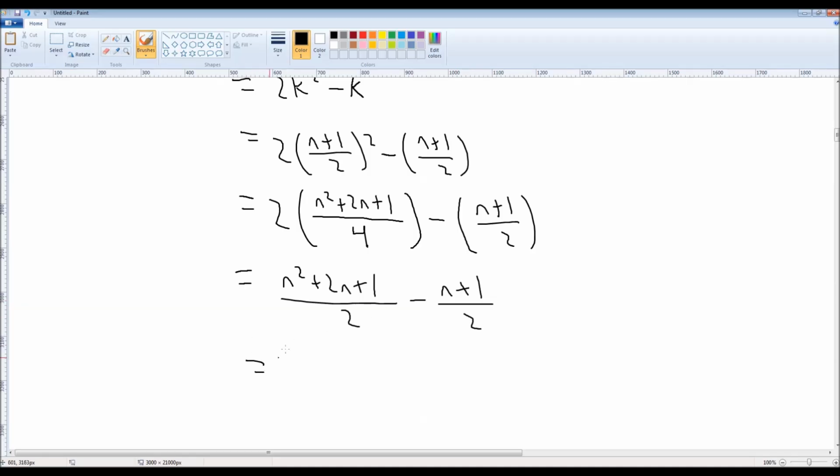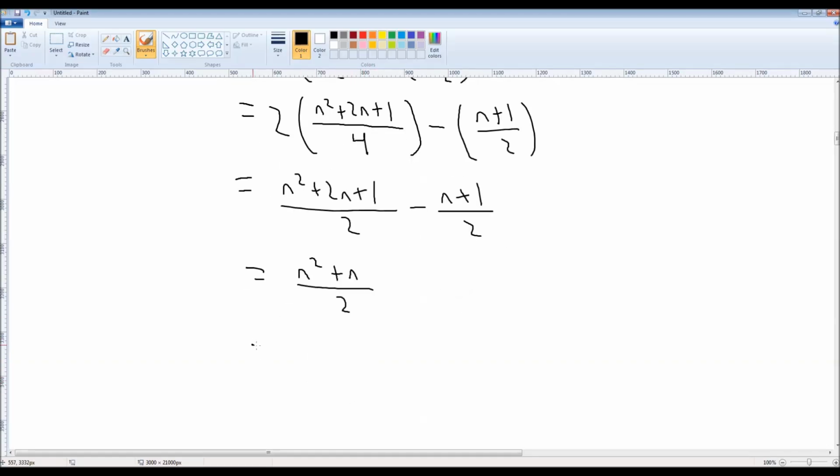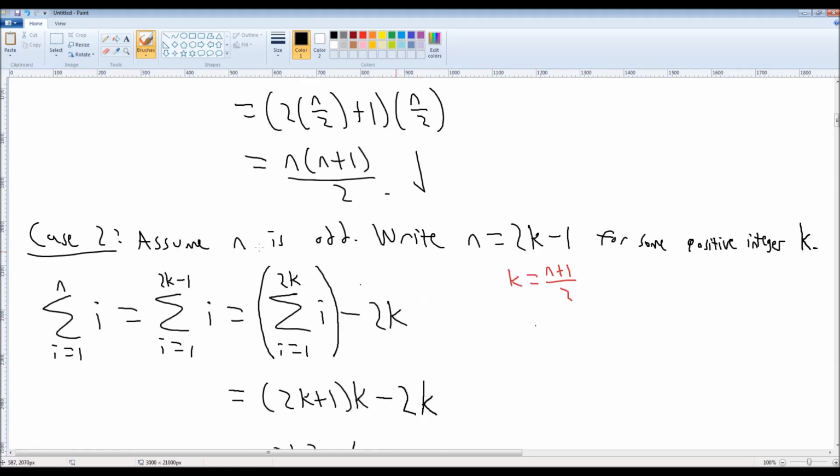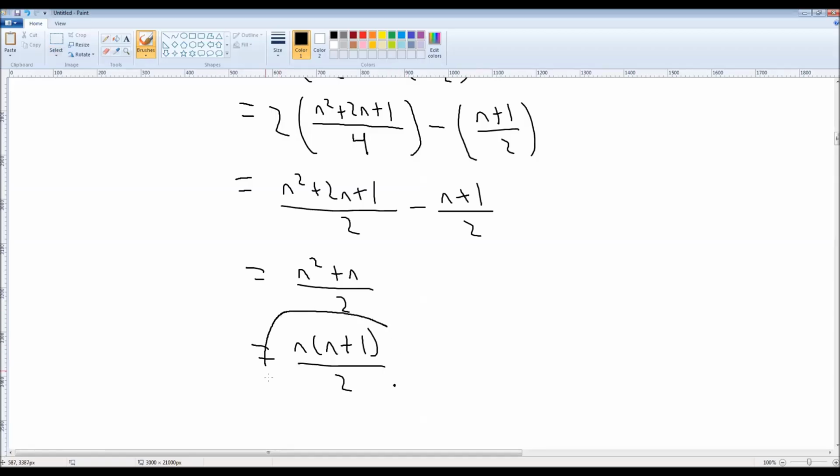And so now we can subtract 2 fractions which have the same denominator. So we have n squared plus n all over 2, which is the same as what we were trying to prove. So we proved our formula is true for the odd case.